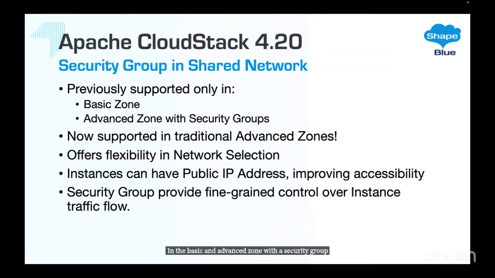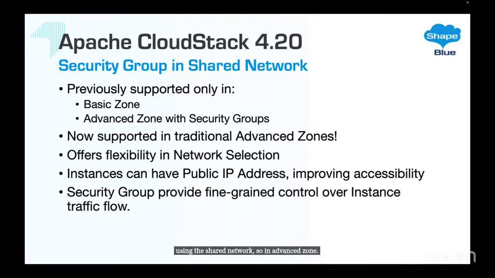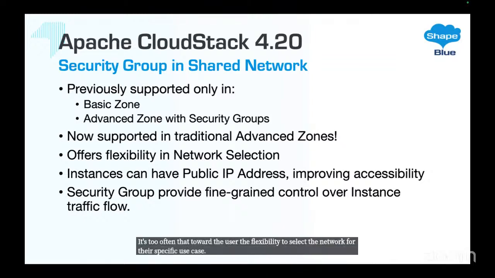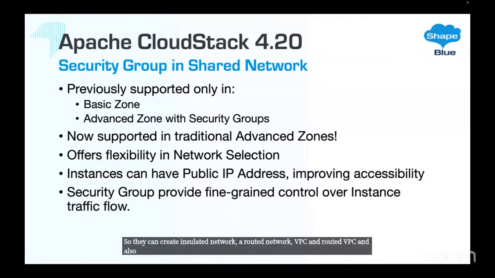Now it's possible to use the wide range of network offerings CloudStack can offer, like isolated, VPC, and also security group using the shared network, in advanced zone. It offers the user the flexibility to select the network for their specific use case, so they can create an isolated network, a routed network, VPC, routed VPC, and also security group in shared network.